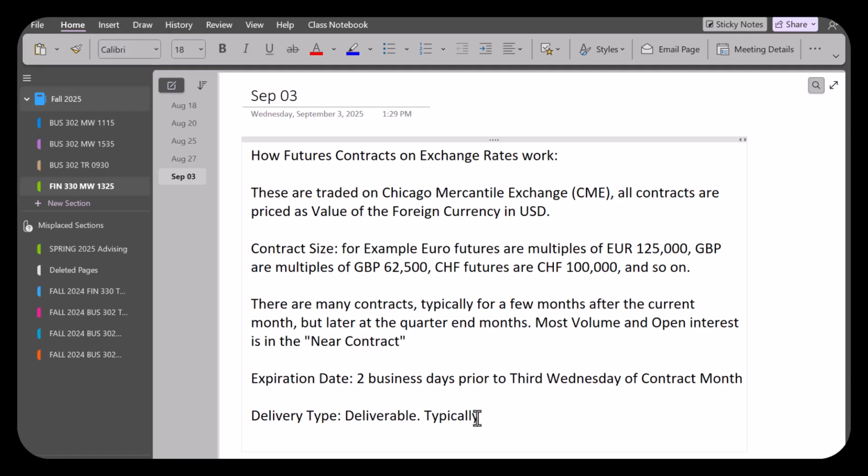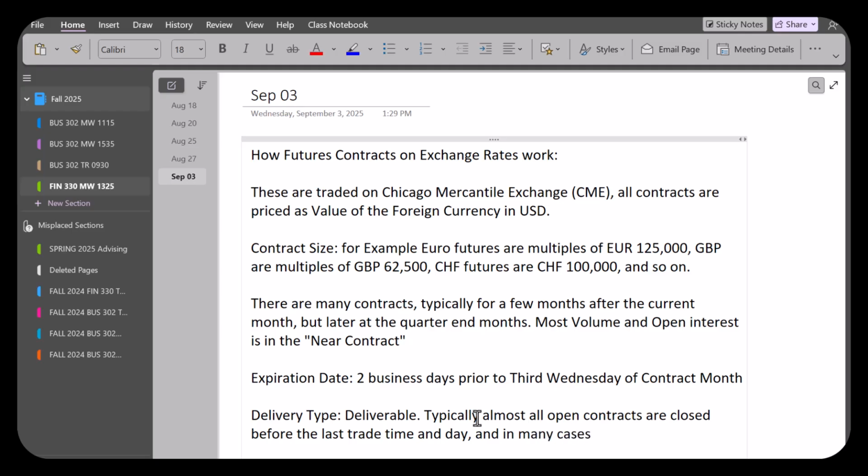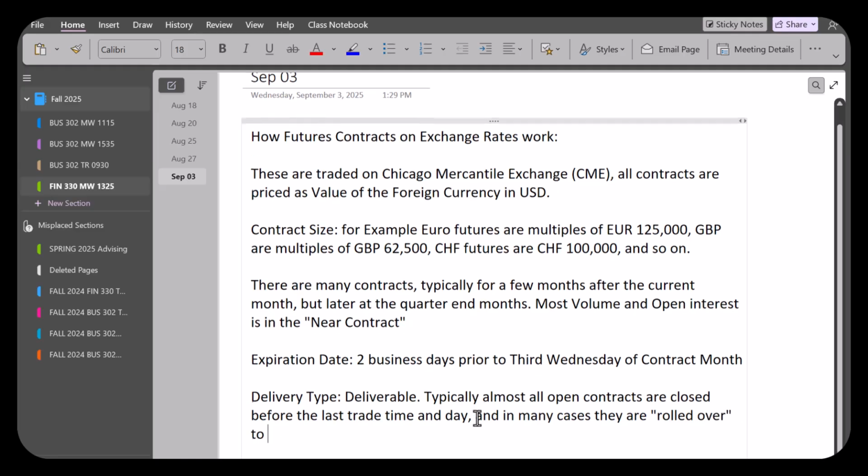Typically, almost all open contracts are closed before the last trade time and day, and in many cases, they are rolled over to the next contract.